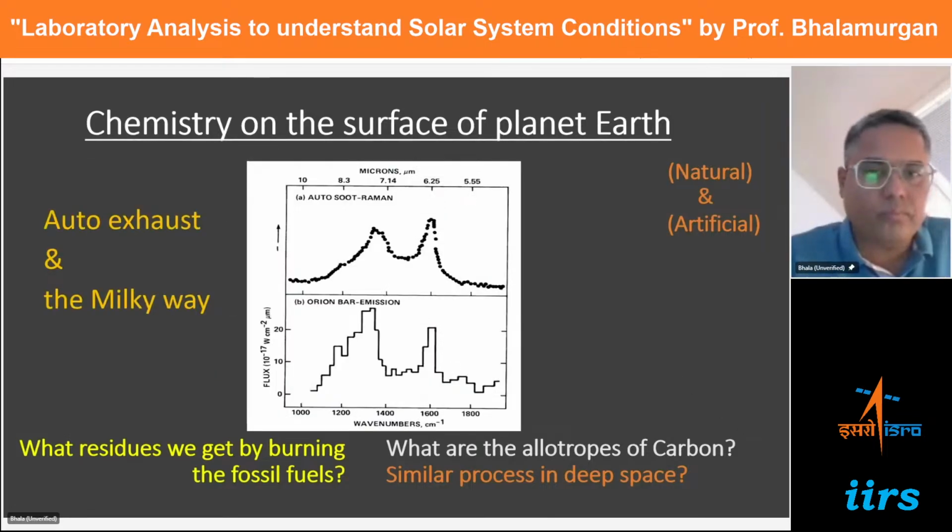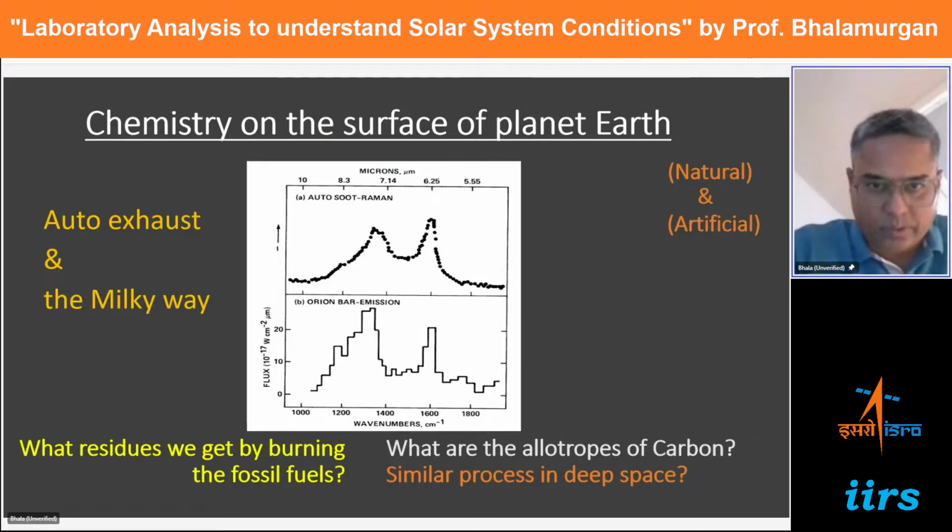Next. Well, there may be some answers. Some of the astronomers, when they took spectra, the x-axis, if you see, this is infrared. Okay, and what you're seeing here is mid infrared. They obtained some spectrum, and then that spectrum was compared with the auto exhaust, the internal combustion engine exhaust, and you see there is a good match.